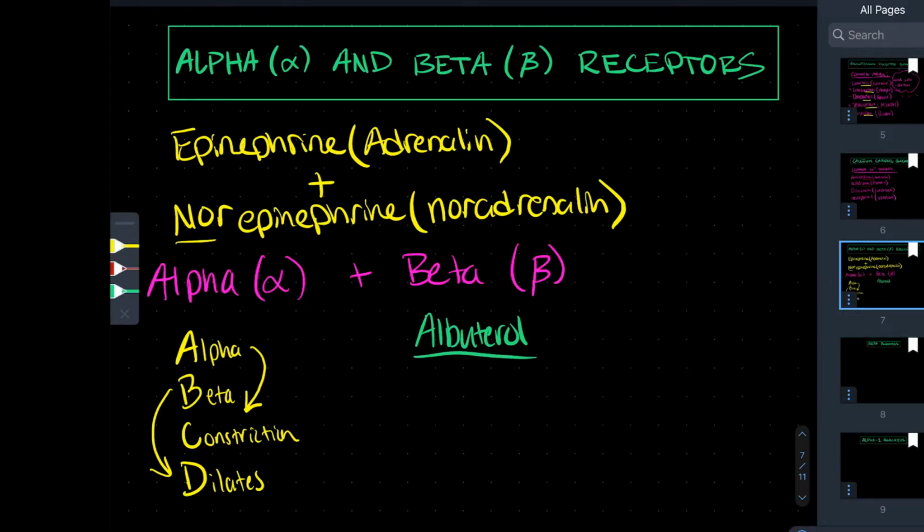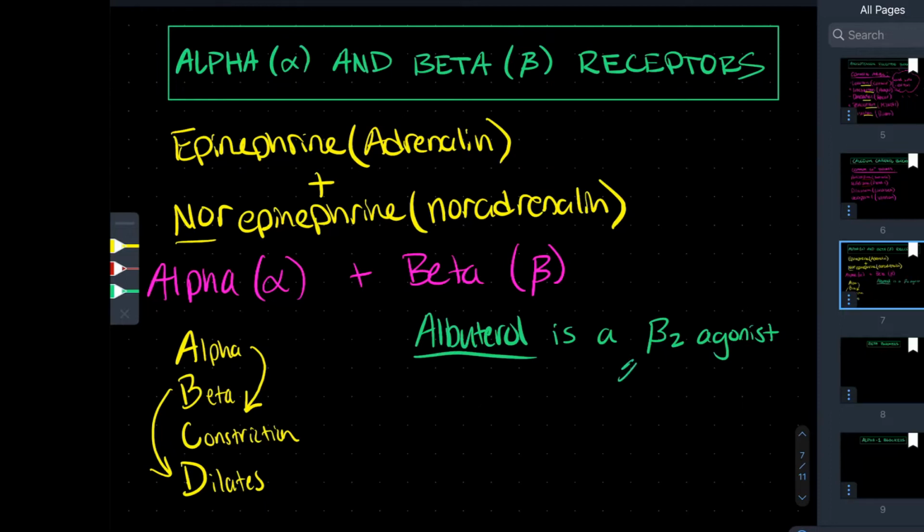So I want to talk about albuterol. Albuterol is a rescue inhaler that people use for things like asthma. Albuterol is a beta 2 agonist. Let's break that down.